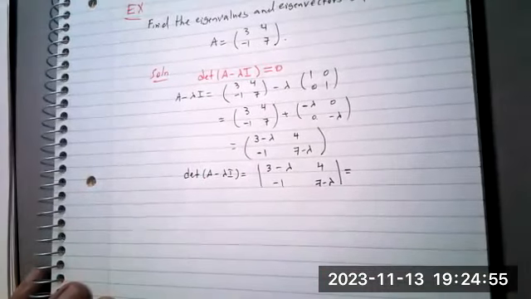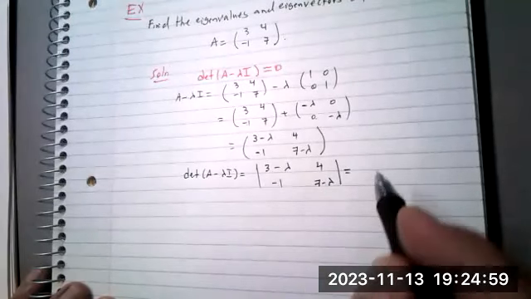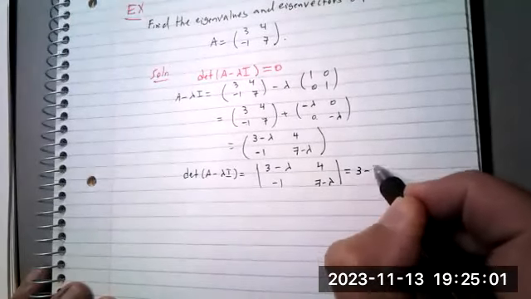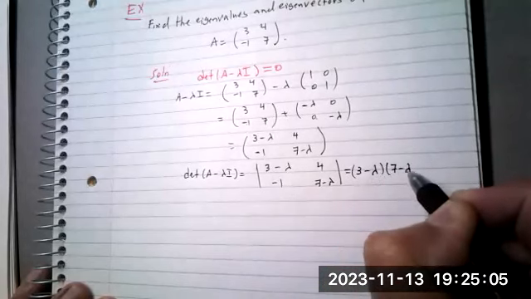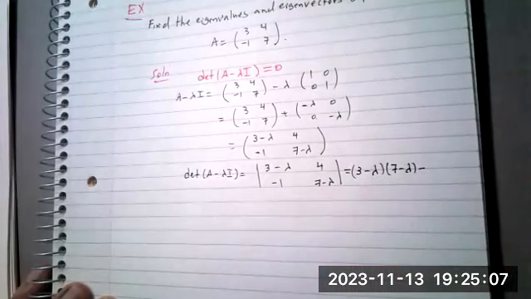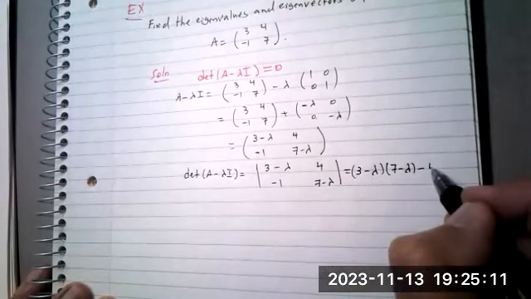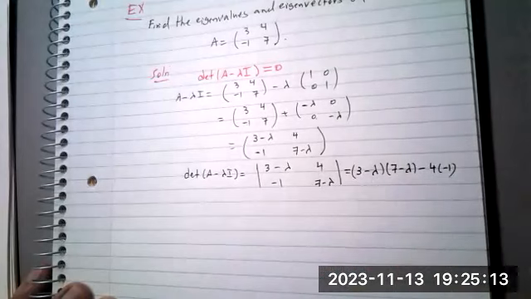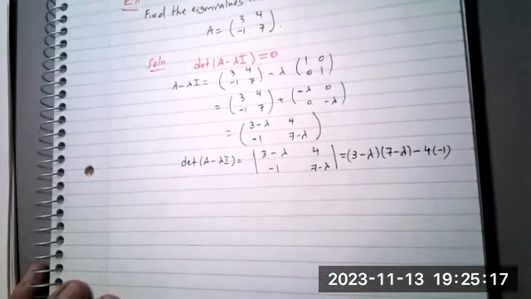Remember, it's a kind of cross multiplication. Multiply these two together: 3 minus lambda times 7 minus lambda, minus the product of these two, 4 times -1. You simplify it, then let it equal 0.